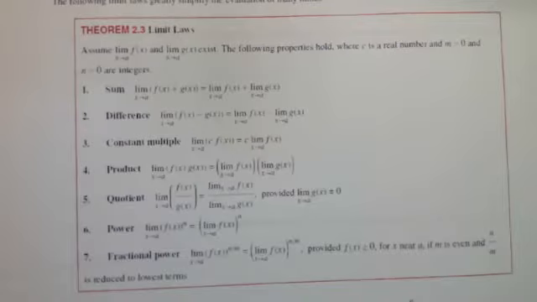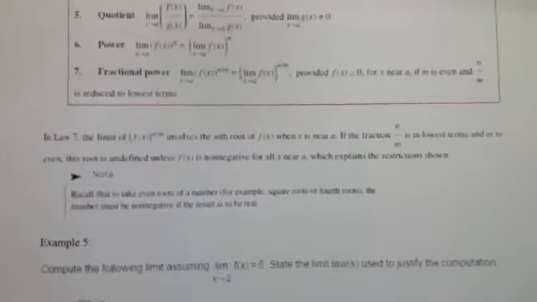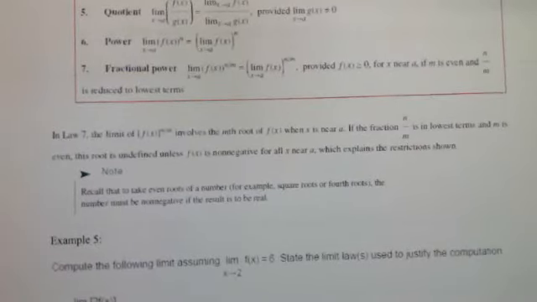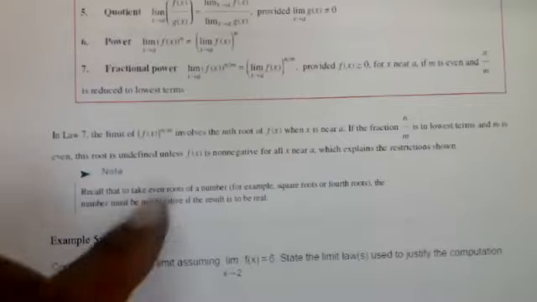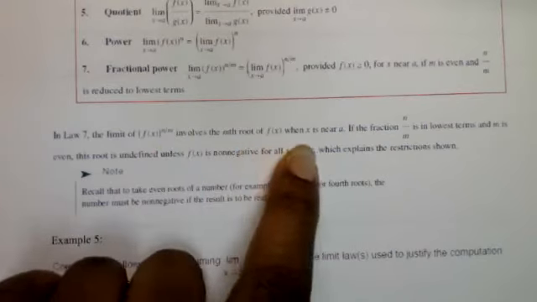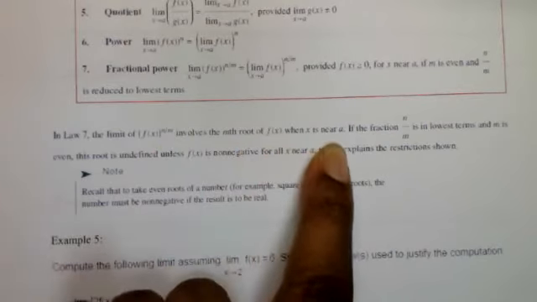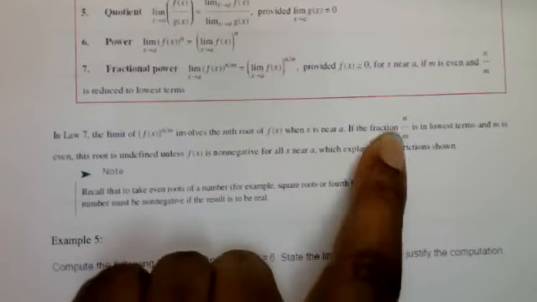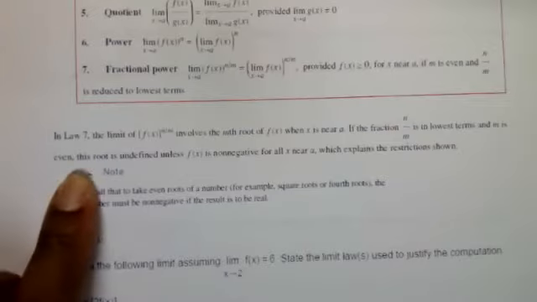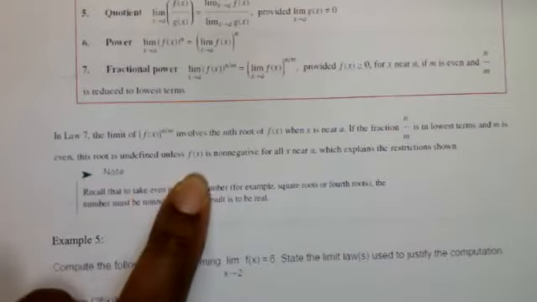Okay. Now in law 7, where we have the limit of f of x to the n over m, that involves the mth root, that's the denominator, of f of x, where x is near a. And if the fraction n over m is in lowest terms and m is even, this root is undefined unless f of x is non-negative for all x near a.